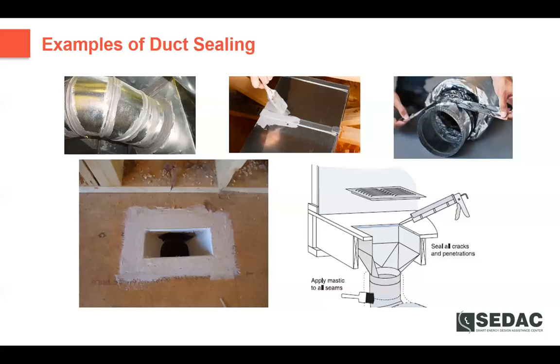As you can see in the lower left, there's a duct boot coming up and sealing that with mastic to that substrate, the subflooring there. So again, we want to make sure that all the air that you paid for to deliver to the space actually reaches the space.